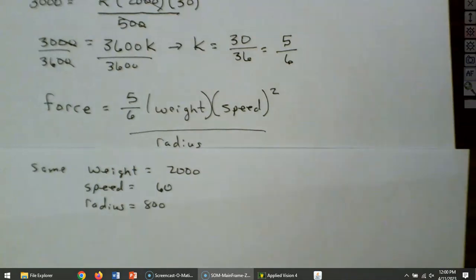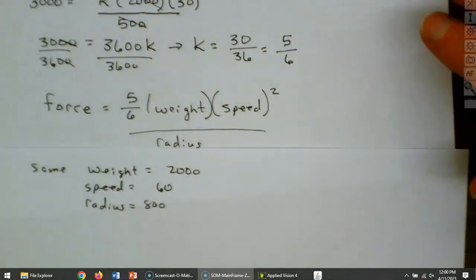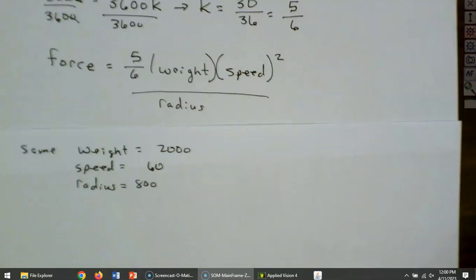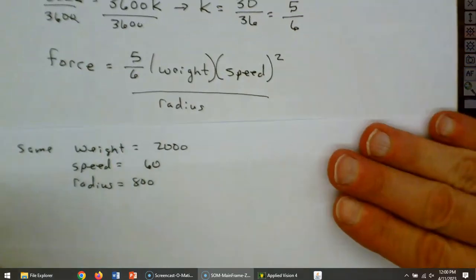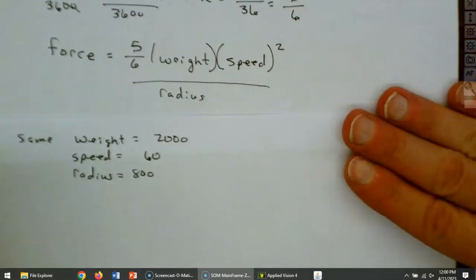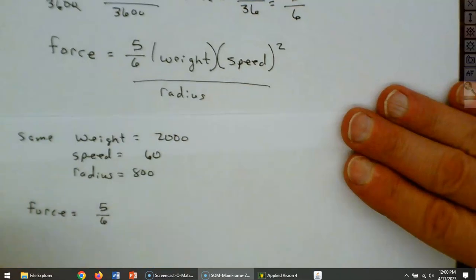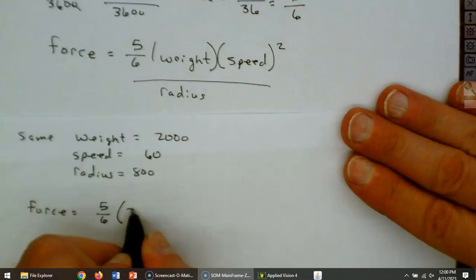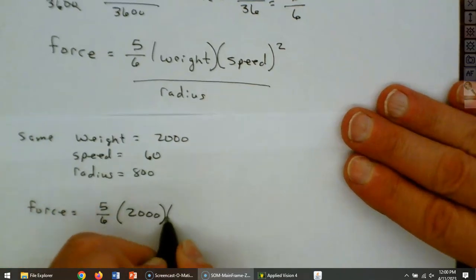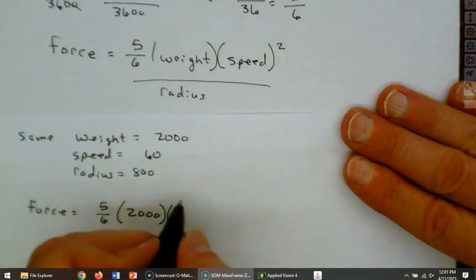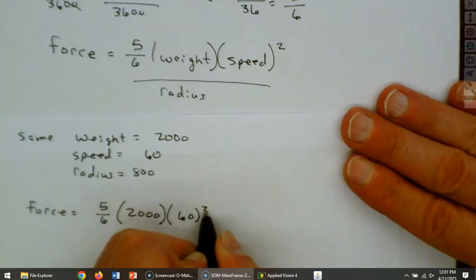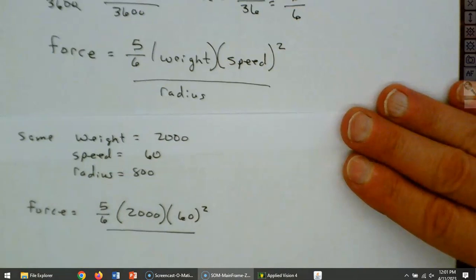And let's plug in our values and see where we're at. So what do we have for our values here? Well, we have our force, which is unknown. And that's going to now be 5/6 times the weight, which is that 2,000, times that speed, which is 60, squared. And we're going to divide that by our radius, which is 800.